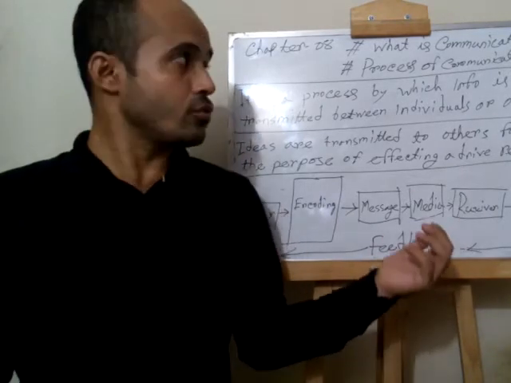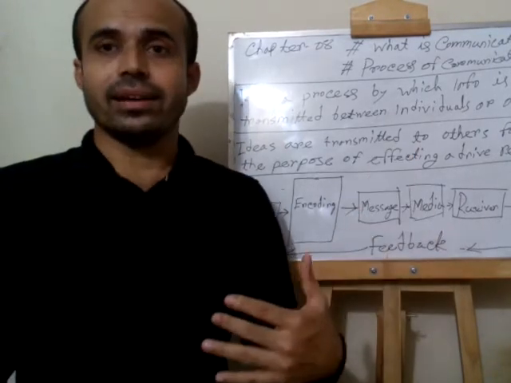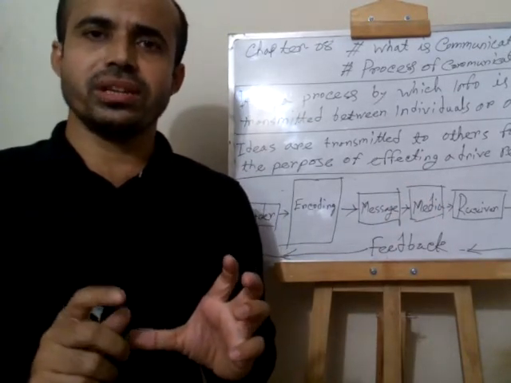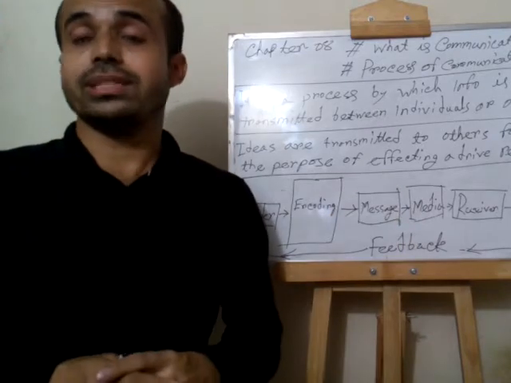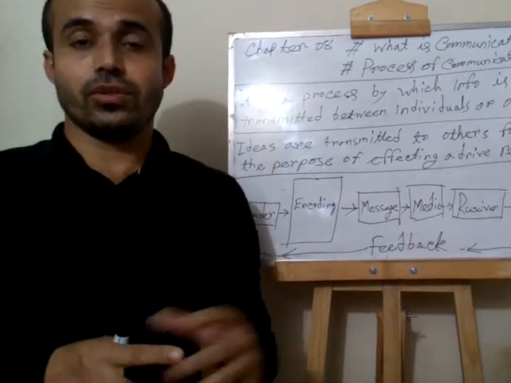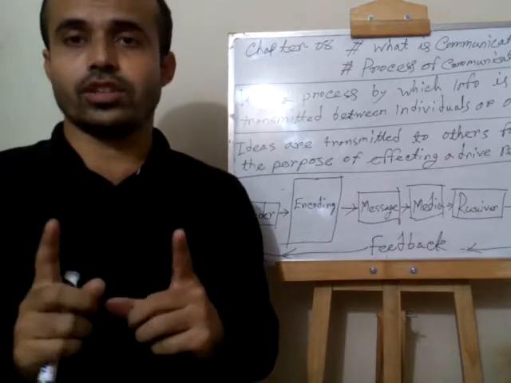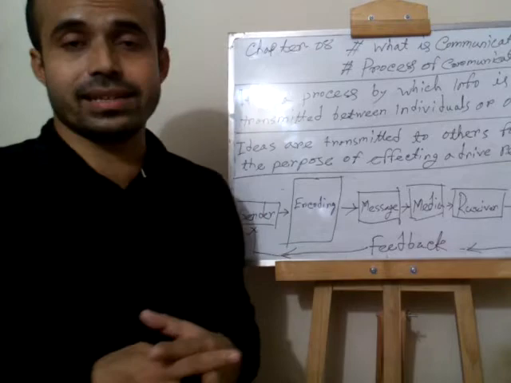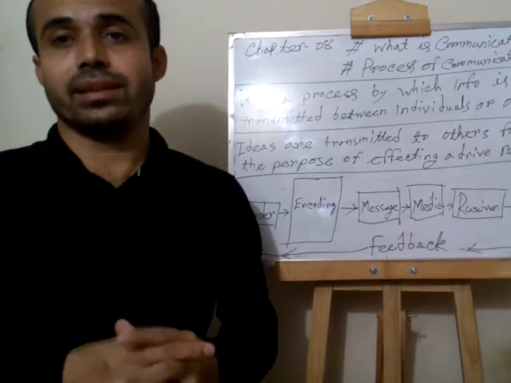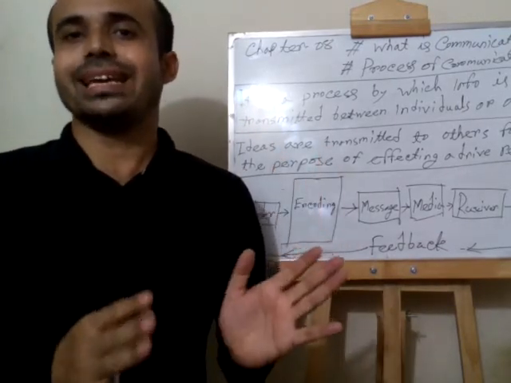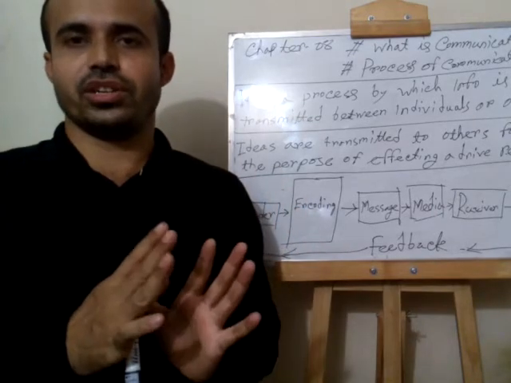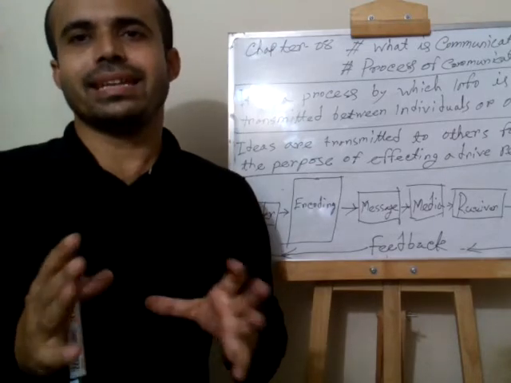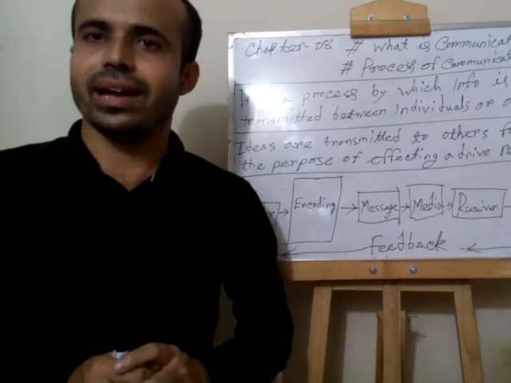So today, again I repeat our topic: what is communication, and what is the process of communication. Communication is a process by which information is transmitted between individuals or organizations to get a proper understanding and feedback.